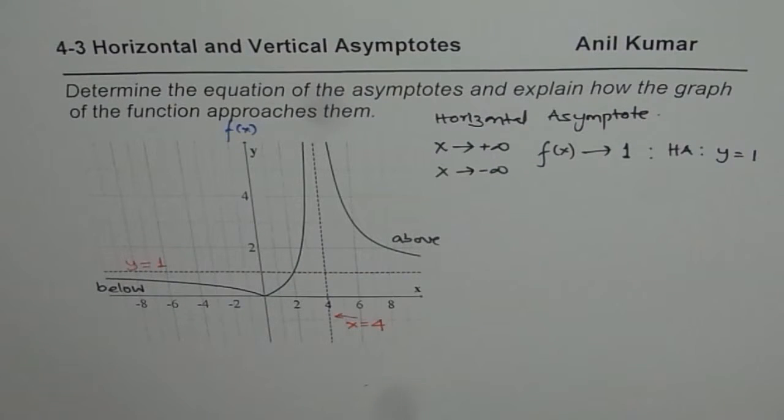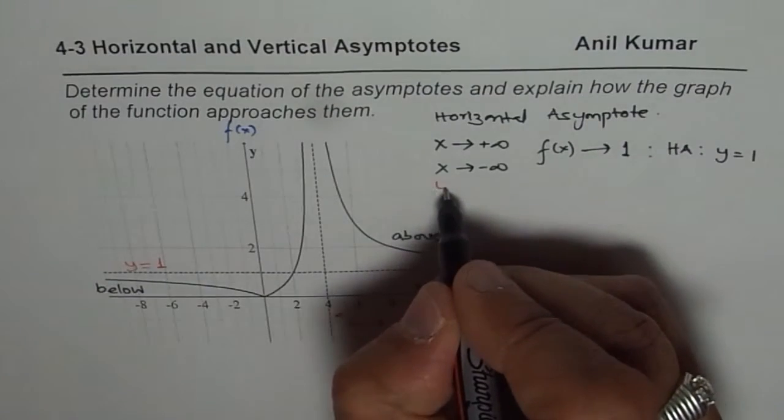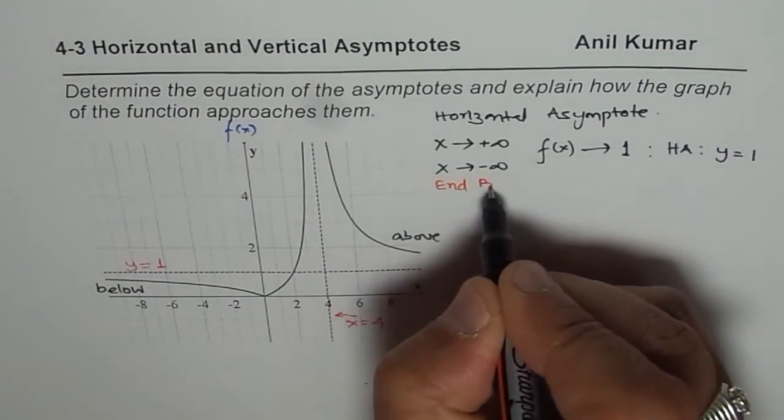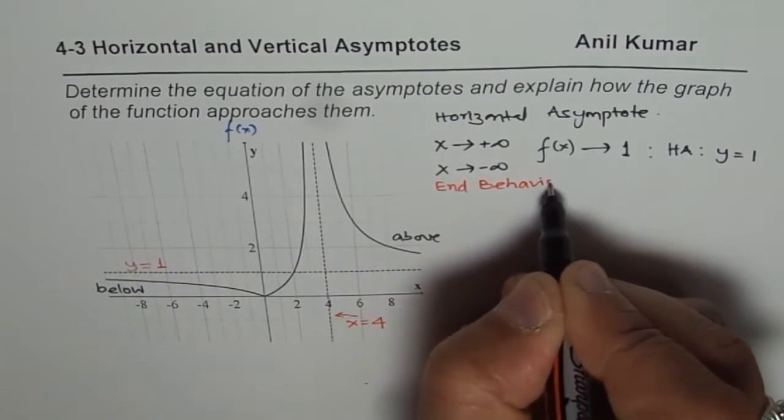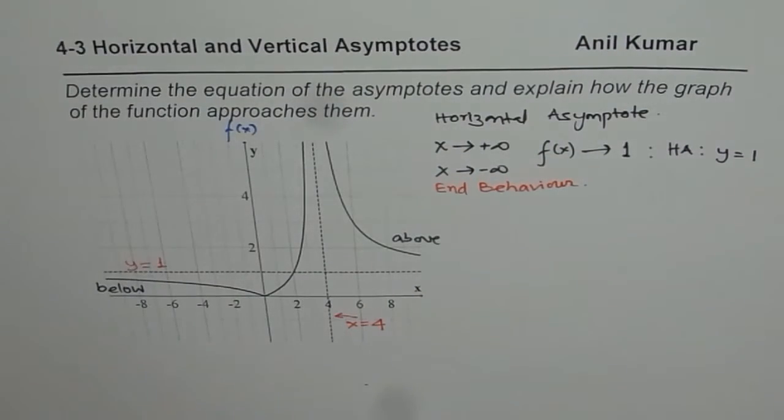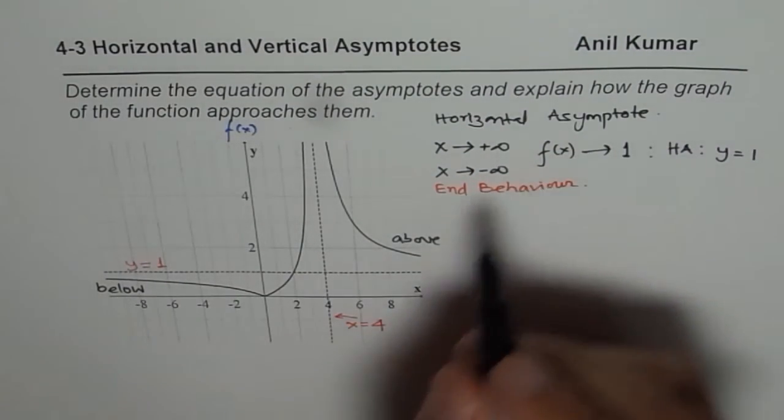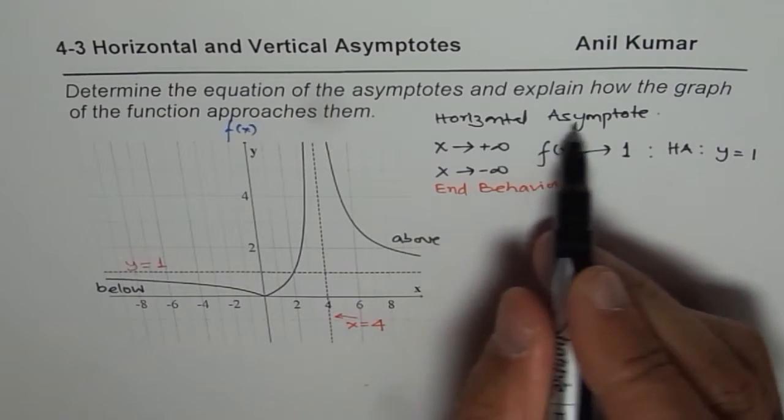So that is called the end behavior. So let me write down here end behavior. End behavior is another term which we have to be very familiar with. End behavior is how the function approaches this asymptote, right?